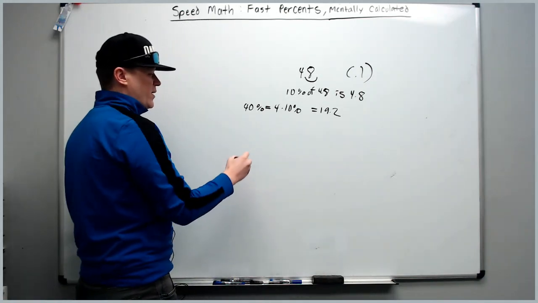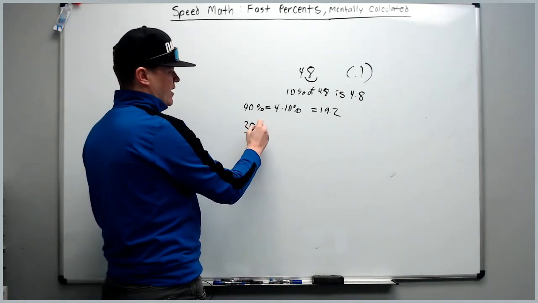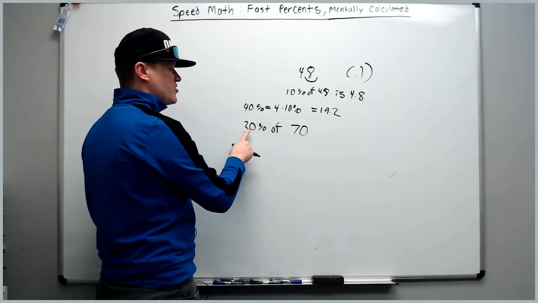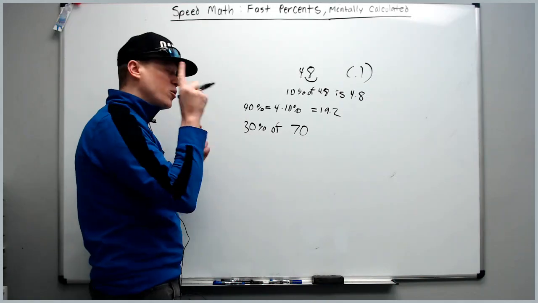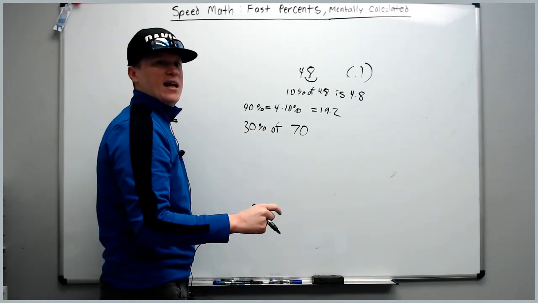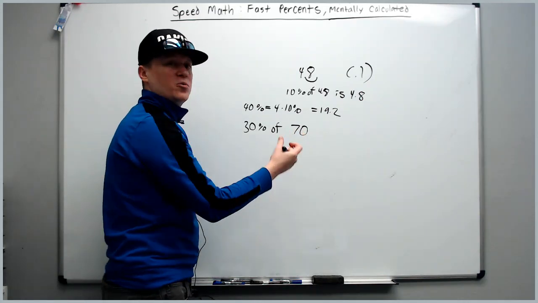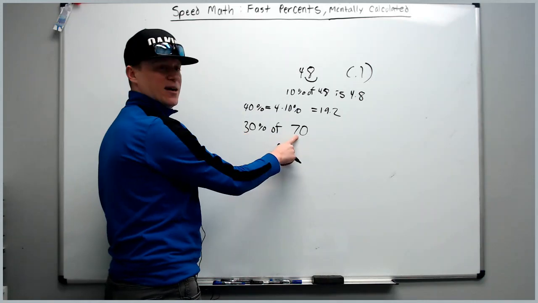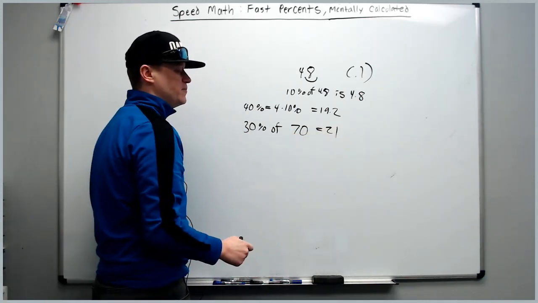So what if you wanted, I don't know, 30% of, let's say, a nice number like 70? As soon as you see or hear 30%, you should be thinking 3 times. And then as soon as they say the number or you read the number, you move the decimal place and multiply. It's simply 3 times 7, which is 21.